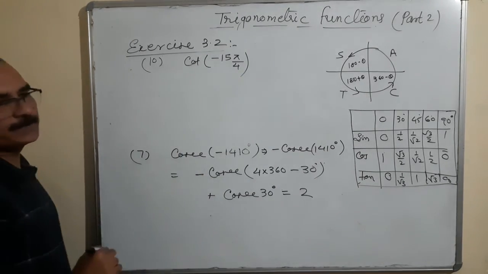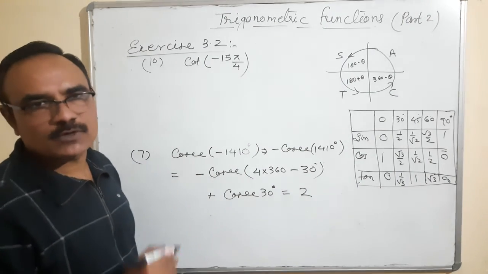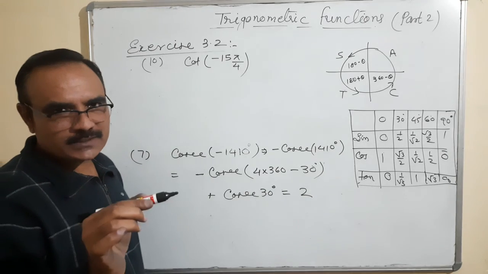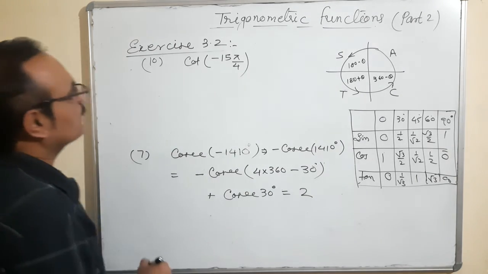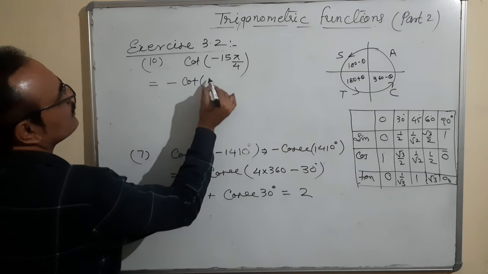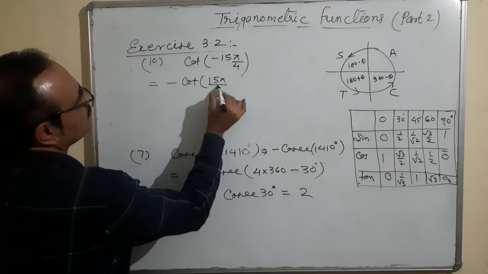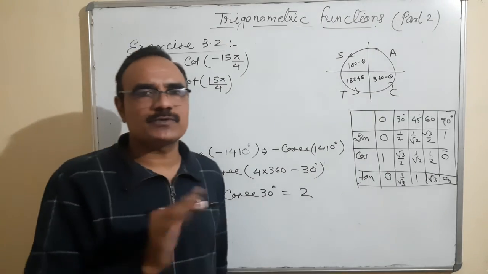Cot minus theta is minus cot theta, because only cos of minus theta and sec of minus theta stay the same; for others the negative sign comes outside. So I can write here minus cot 15 pi by 4. Now you have two options: either you convert into degree or into radian.